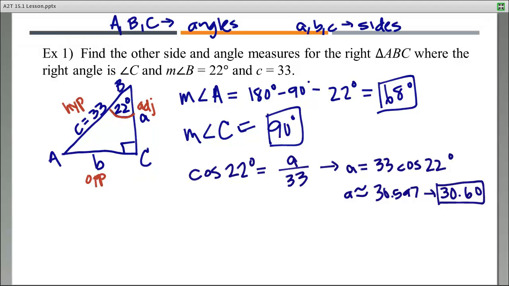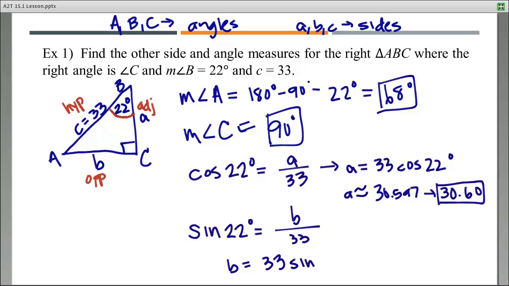To find side b, b is opposite angle B, and so we need to use sine. Sine of 22 degrees is equal to side b over 33. And so multiplying both sides by 33 would give you that b is 33 times the sine of 22 degrees.